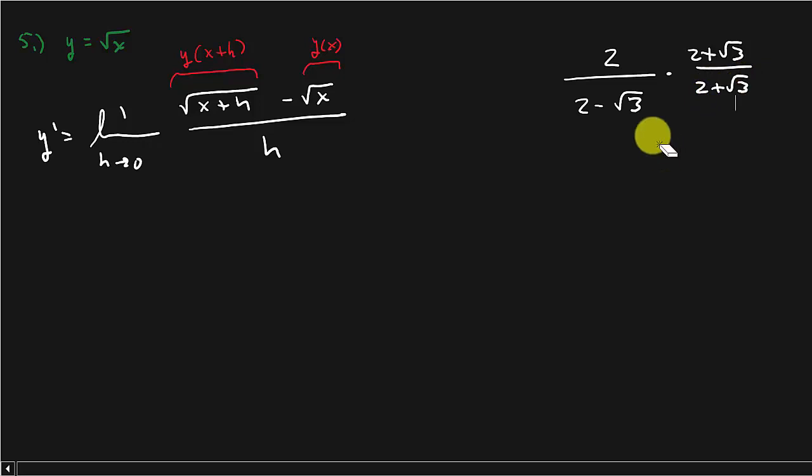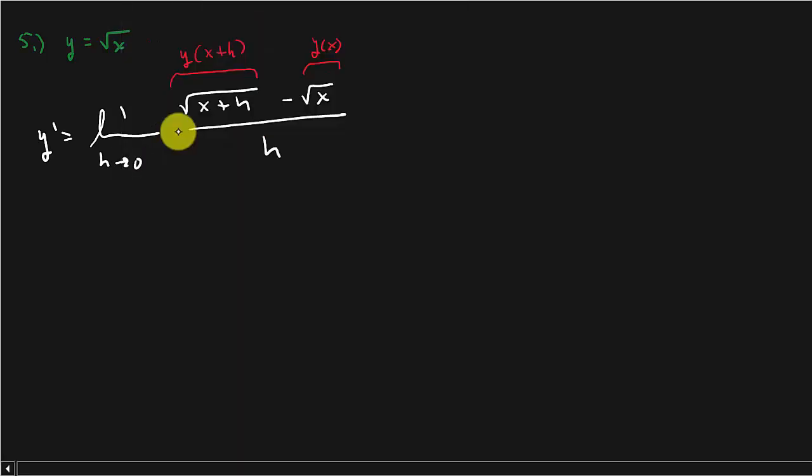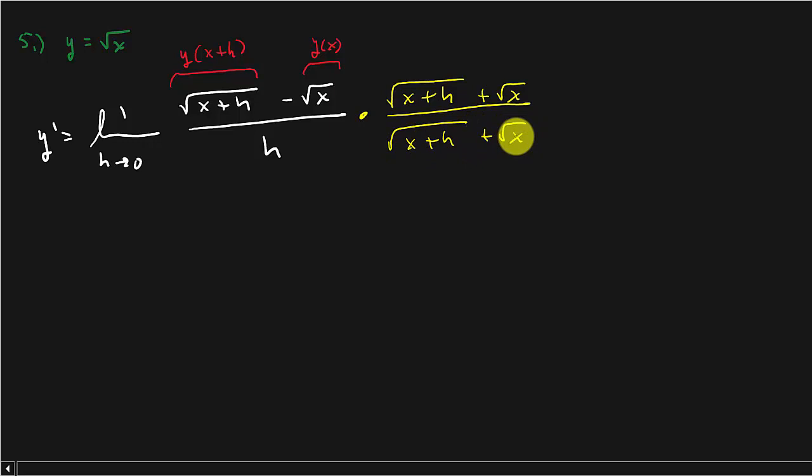Okay? Well, in calculus, what you'll do some, is rationalize the numerator. So what we're going to do here is we're going to multiply numerator and denominator by the conjugate of the numerator. All right.